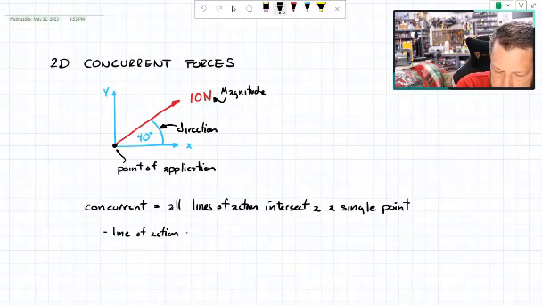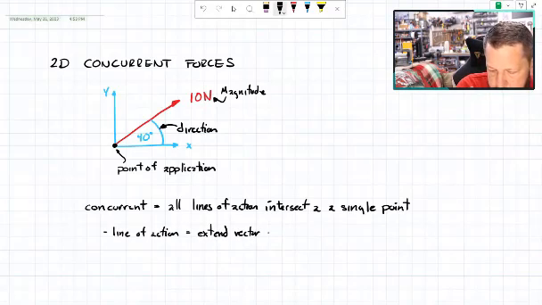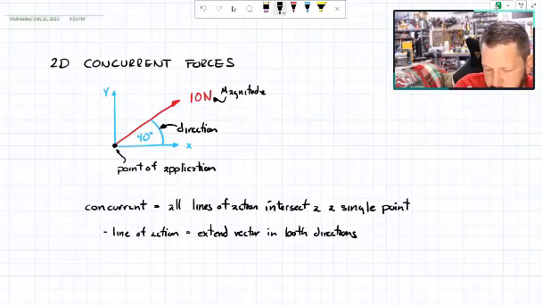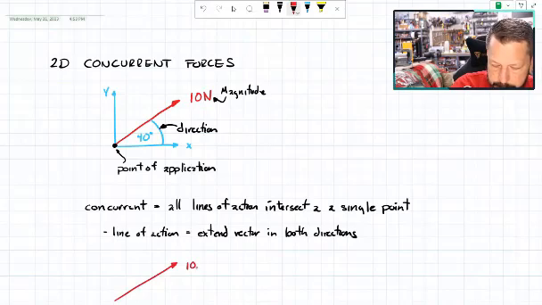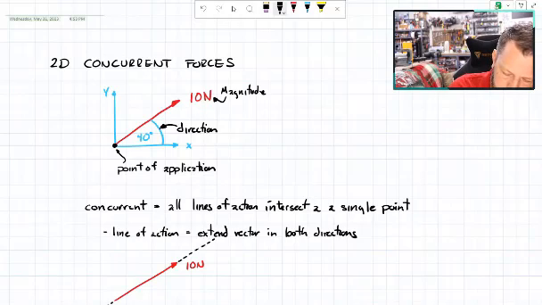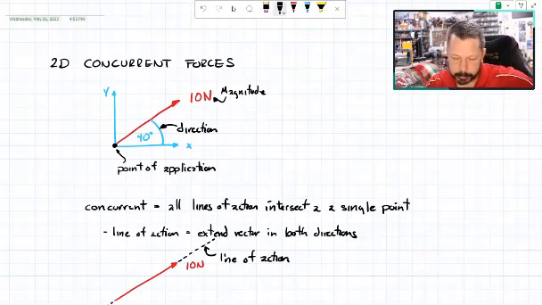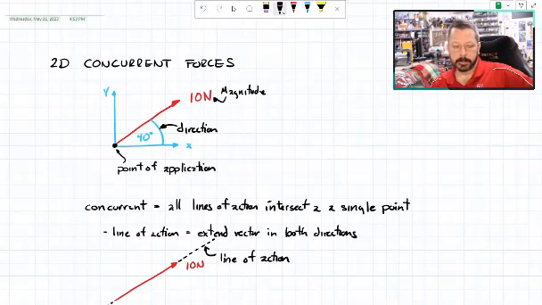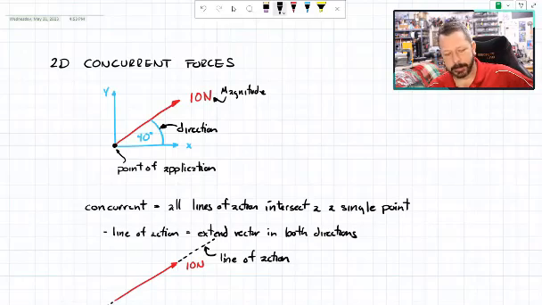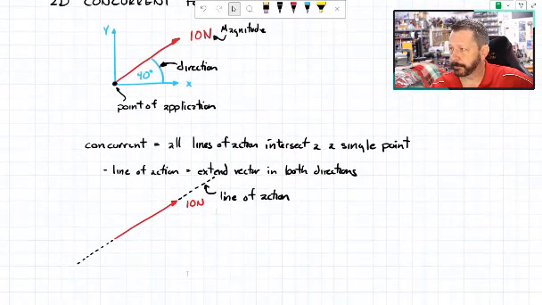So line of action is extending the vector in both directions. For our 10 Newton force, there's the actual vector, and then the line of action would be if I just kept going that way and that way. So that part is the line of action. It's a pretty easy concept, but we do need to define these things.